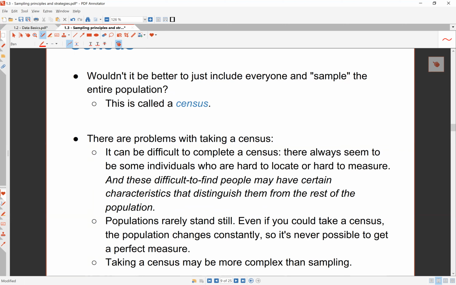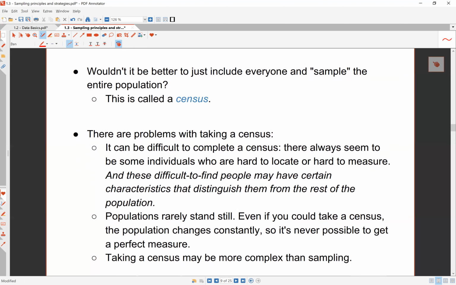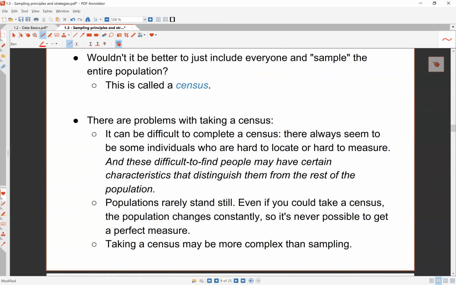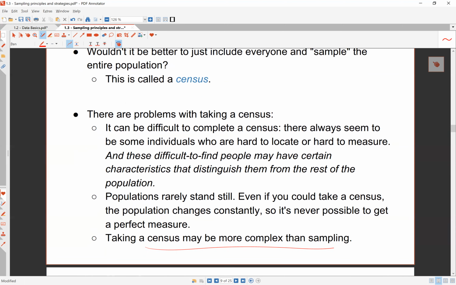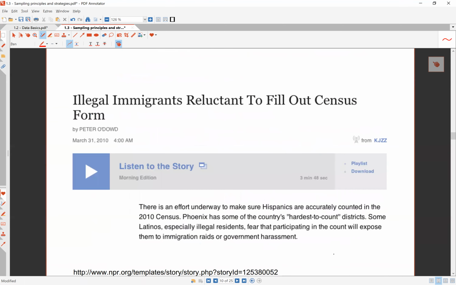So there are a lot of challenges with census. Very often, if you just do a well-designed study involving sampling, you can get better information than trying to wade through a census with all the thorny issues that come with that. Taking a census can be way, way, way more complicated than trying to take a sample.